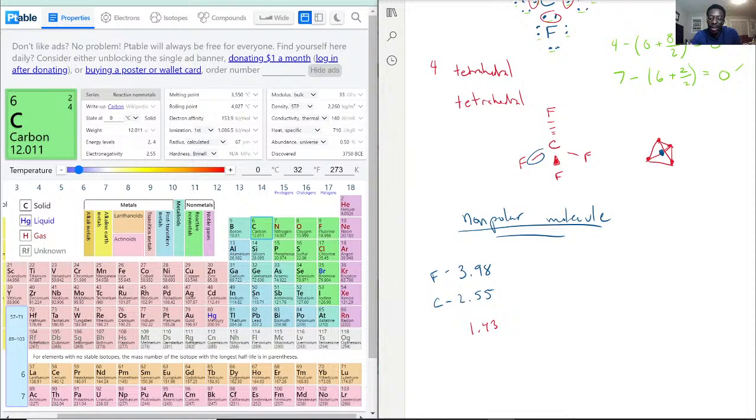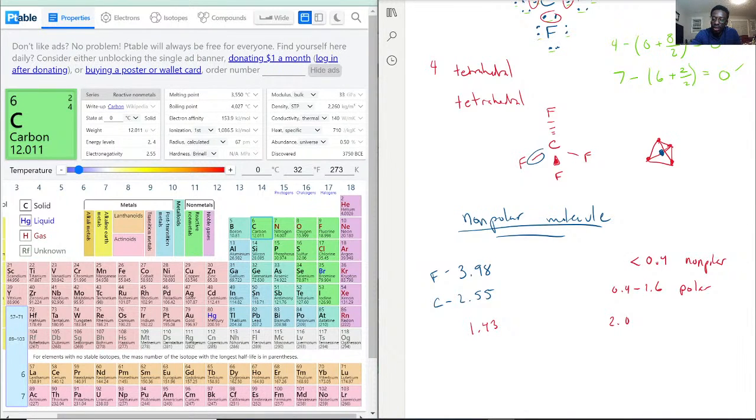With that being said, the cutoffs, and there's a little bit more complexity to it, but between 0 and 0.4, that is going to be non-polar. And between 0.4 and 1.6, this is now a polar bond. And between 2.0 and greater.